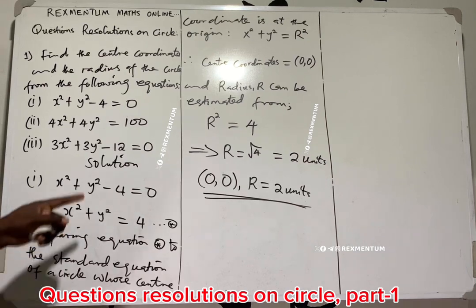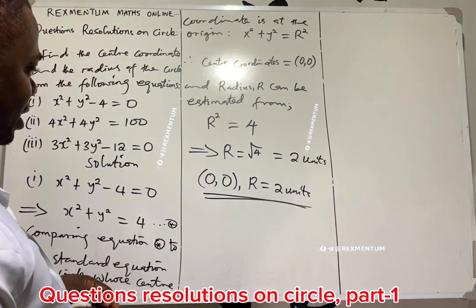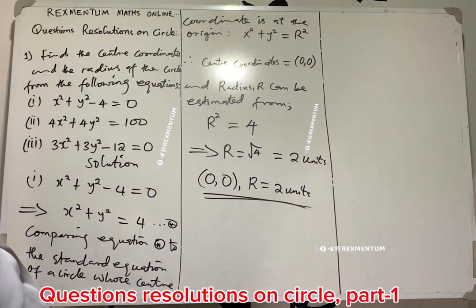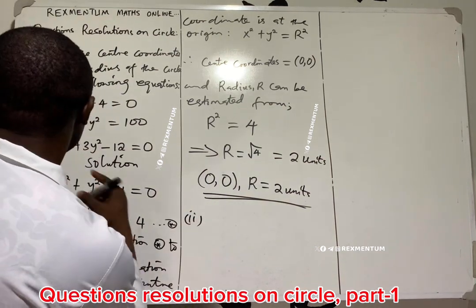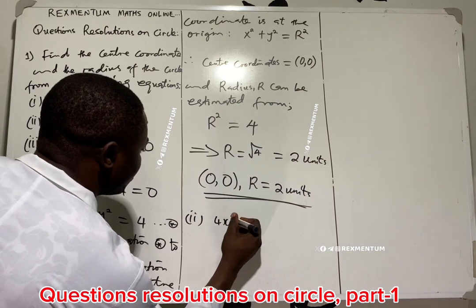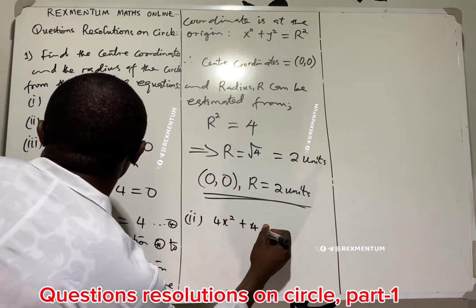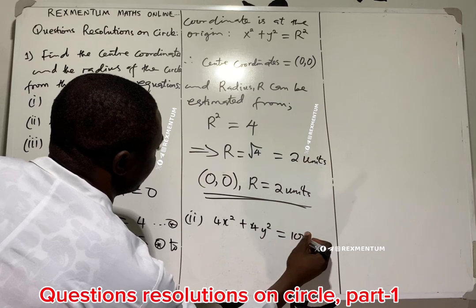We are talking about the equation of a circle whose center coordinate is at the origin. So the second question, I will now simplify. Here we have 4x squared plus 4y squared equal to 100.